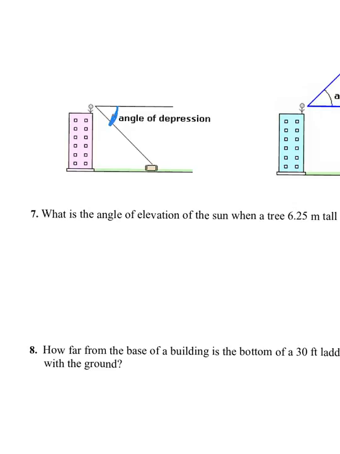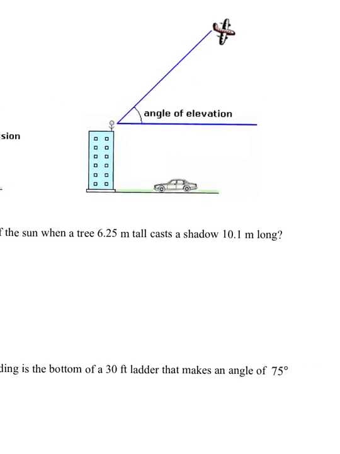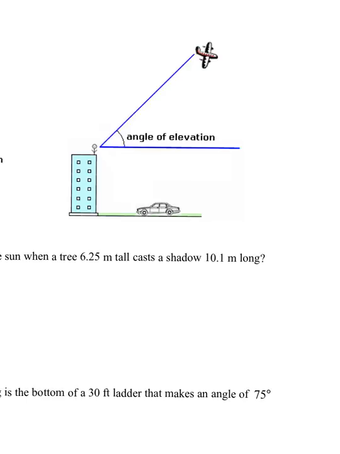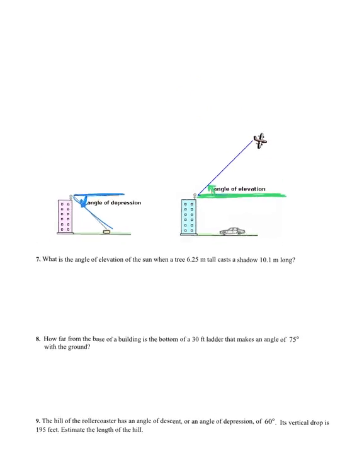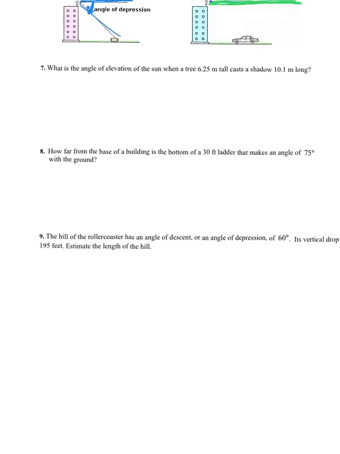So in this case, we have this angle going down from the horizontal, and this is the angle of depression. And then, if you're talking about an angle of elevation, once again, you always start at a horizontal line. That is key. Angle of elevation is how many degrees you go up from that horizontal line. All right, so let's go ahead and try out some more problems.